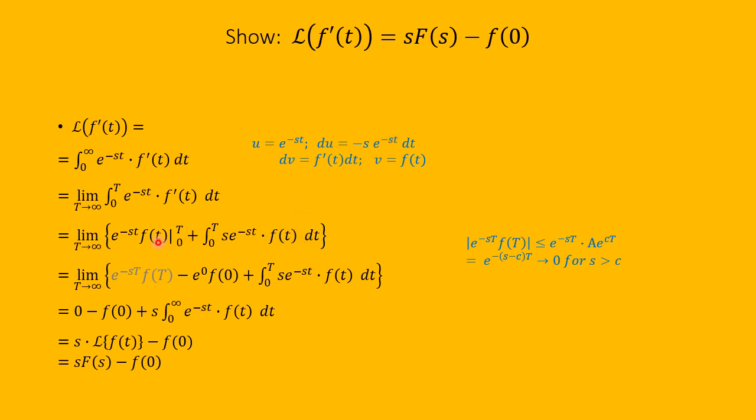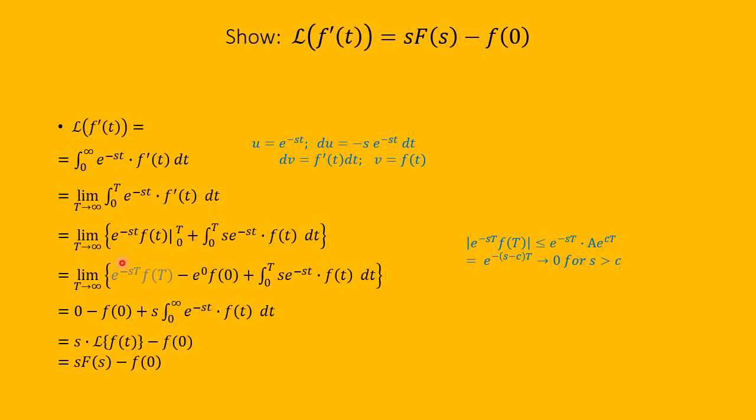Okay, and now let's plug in capital T for the lowercase t here. Plug in 0 for the lowercase t here. We get this term, plus we get this integral, and we still have the limit as capital T goes to infinity outside.